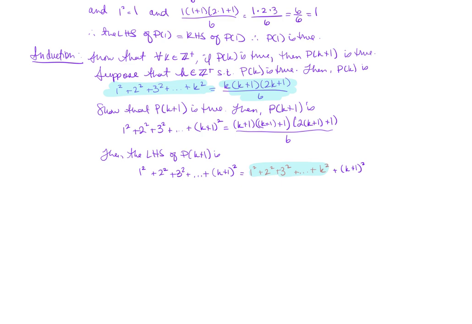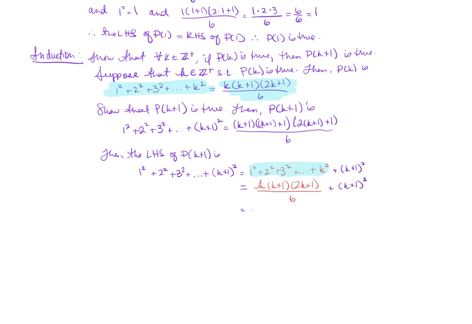So we end up with k times (k plus 1) times (2k plus 1) all over 6 plus our (k plus 1) squared. And now we learned from the last time that we have a fraction, so we're going to have to multiply the (k plus 1) squared by 6 over 6 in order to put this all over the same denominator.